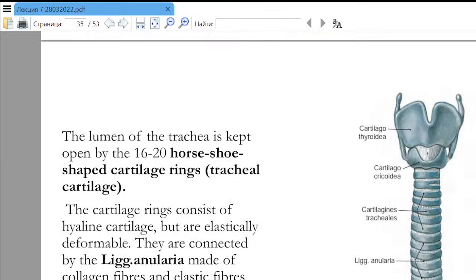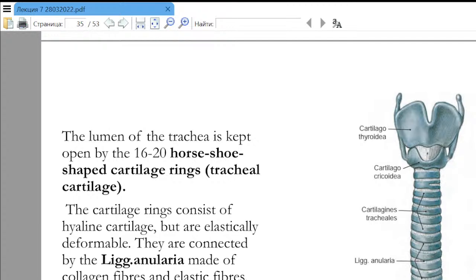The trachea is kept open by 16 to 20 horseshoe-shaped cartilage rings, the tracheal cartilages. The cartilage rings consist of hyaline cartilage but are elastically deformable.